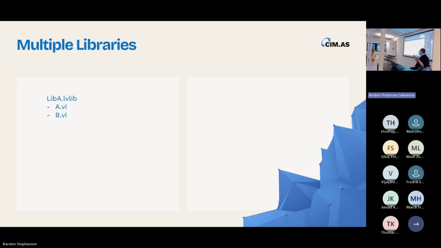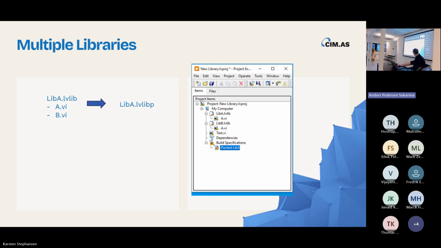Once you have a library, you can actually build it. The best thing about building a library into a packed project library is that you are compiling the source code, and all the dependencies that this library needs are compacted into that packed project library.